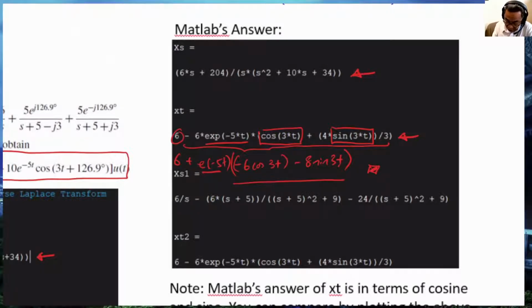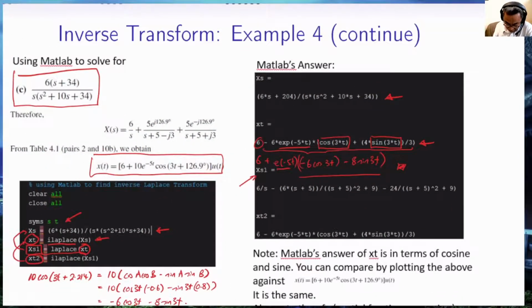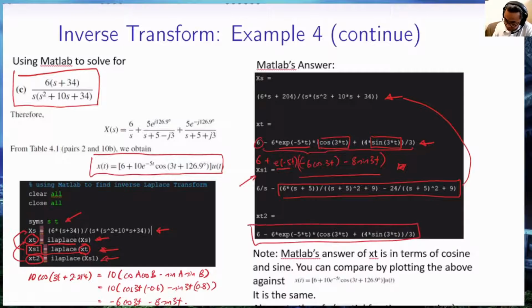In fact, the other strange thing, of course, is that when we try X(s1), which is here, we take MATLAB's solution and we perform Laplace on it, the X(s) expression doesn't look like our original expression. However, when we take inverse Laplace again, the time solution remains the same.